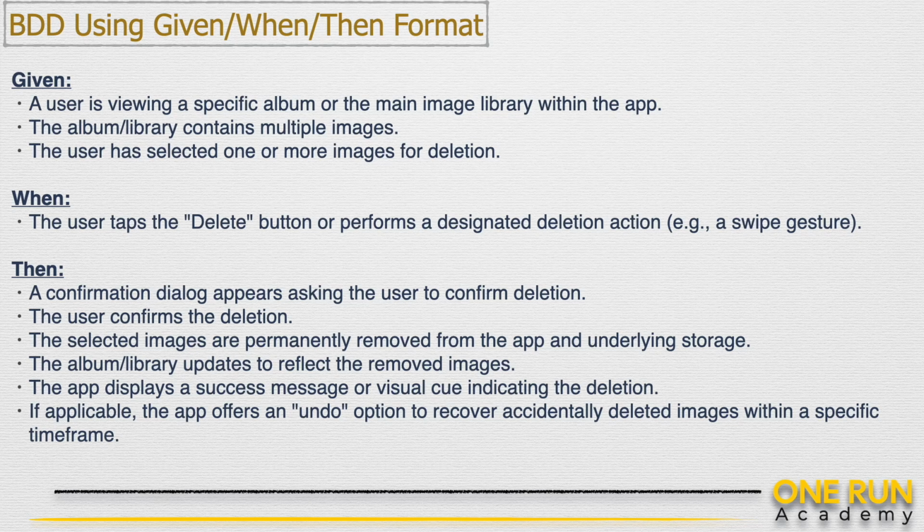The album or library updates to reflect the removed images. The app displays a success message or visual cue indicating the successful deletion. And finally, the app offers an undo button to recover accidentally deleted images within a specific time frame.